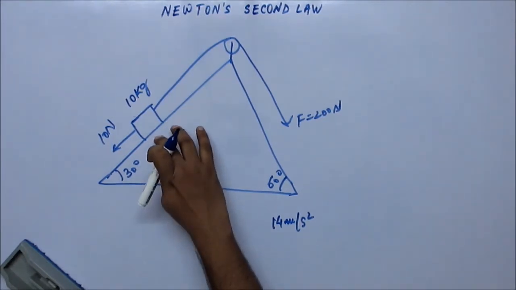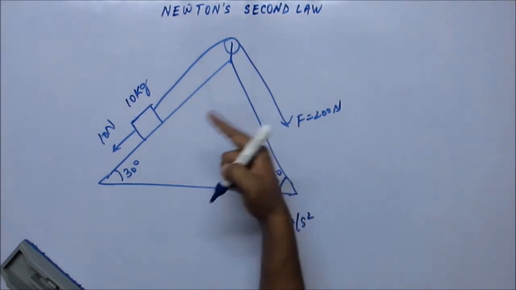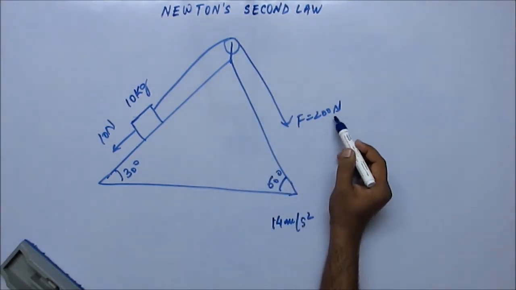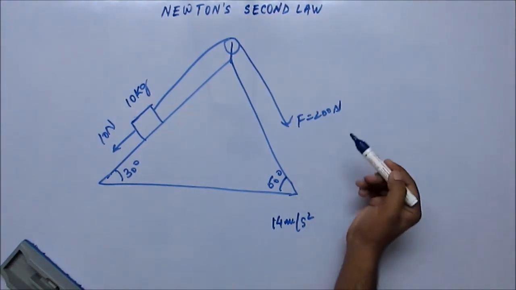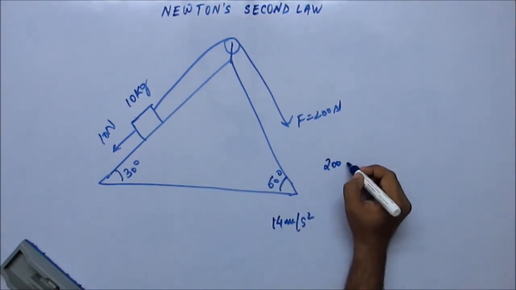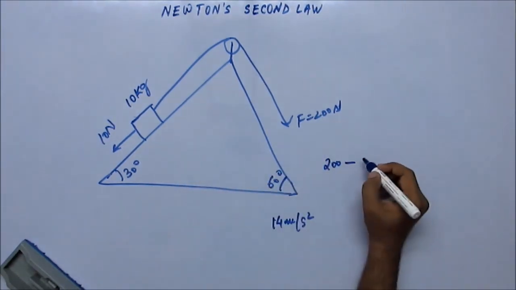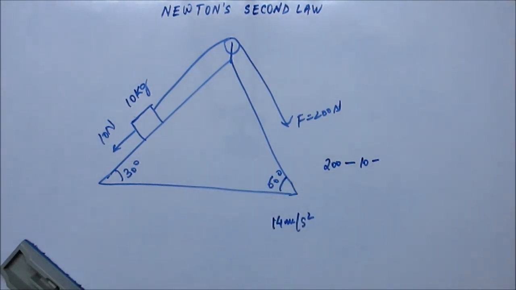Now let us assume that it is going up the plane to write the equation. So the force which is up the plane is 200 Newton because the external force applied is 200 Newton, and that will be the same as tension. So 200 Newton of tension is pulling it upward. This 10 Newton is pulling it downward, and there will be some component of mg as well.